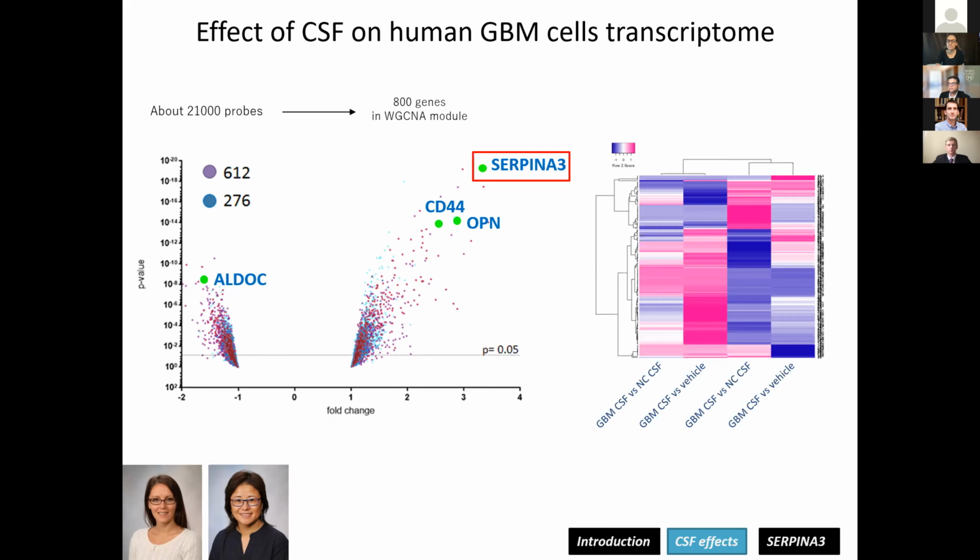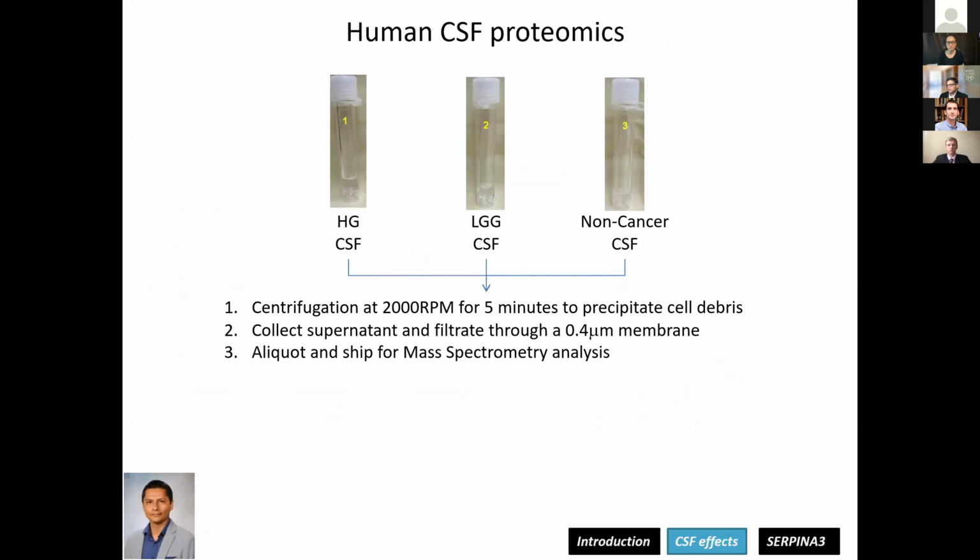Interestingly, some of the upregulated genes have already been described and linked with cancer, such as ALDOC, CD44, and osteopontin. And as you can see here, we also got SERPINA3, which was, among all the genes, very upregulated in our cancer cells in response to the cancer cerebrospinal fluid.